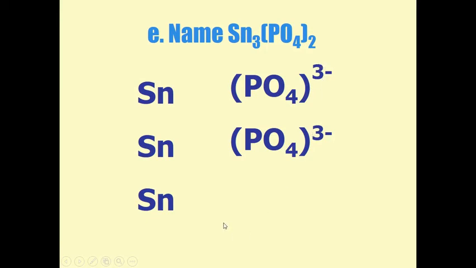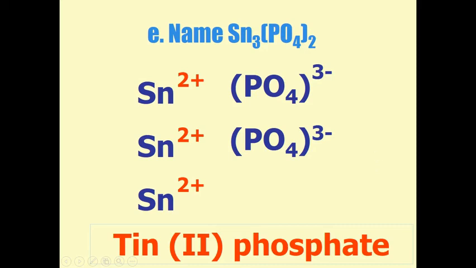So our anion side is -6. We have 3 metals. So 6 divided by 3 gives you a +2 for each of those. 2 plus 2 plus 2 gives you 6. 3 plus 3 gives you 6. We're balanced. So the name of this guy is going to be tin 2, because he's tin 2, and then phosphate. Tin 2 phosphate.